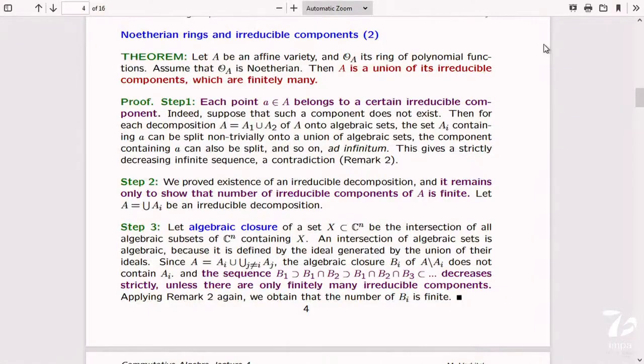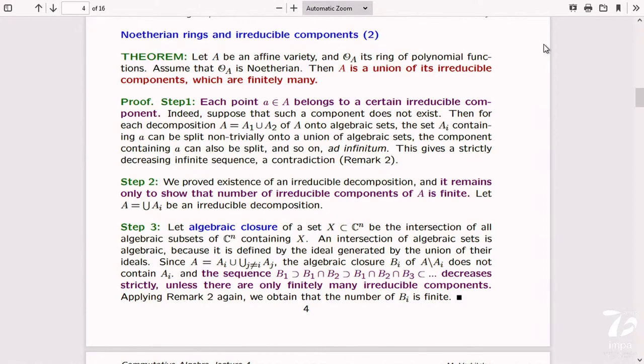So step one: existence of irreducible components. Each point belongs to an irreducible component, maybe to two irreducible components. Like you can consider this cross.